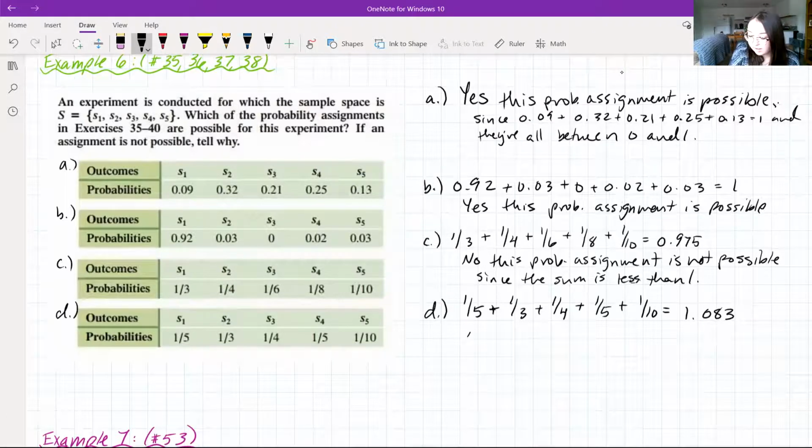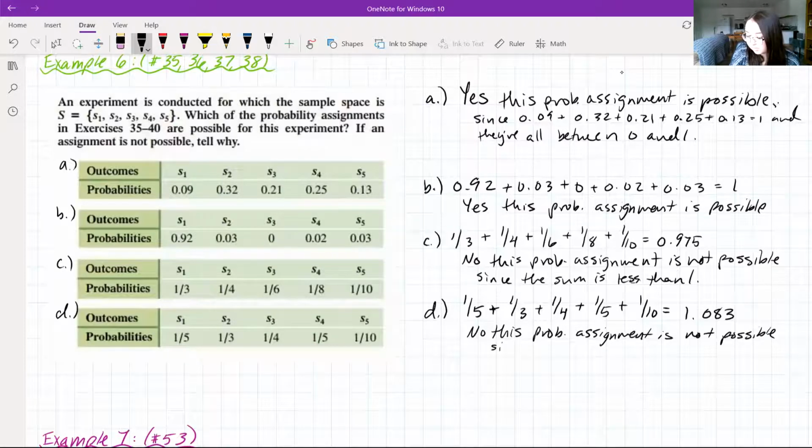So we say, no, this probability assignment is not possible since the sum is more than 1, not less.